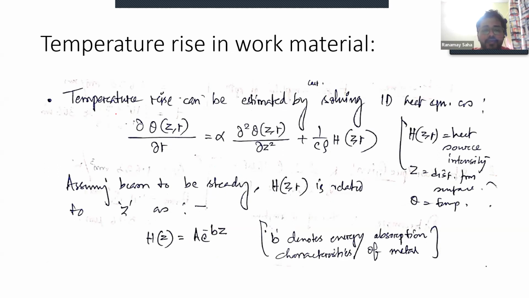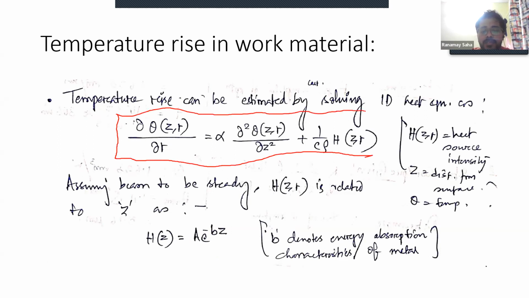Given that, we can have a look at the temperature rise that happens in the work material. This is your 1D heat equation. All of you must be acquainted with the 1D heat equation from heat transfer or thermodynamic processes. Here dθ/dt is the temperature differential with respect to time, alpha is your thermal diffusivity, and ∂²θ/∂z² is the space variation of temperature.